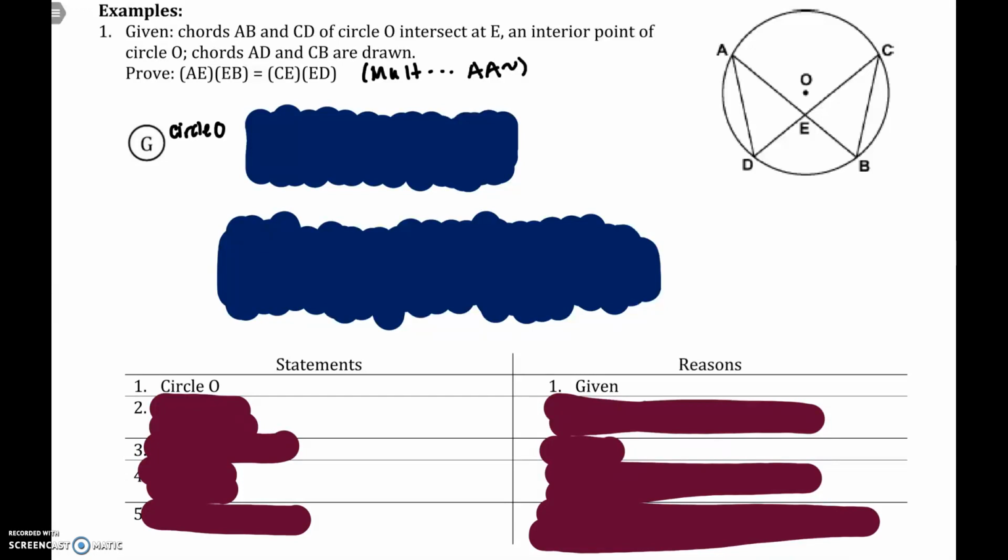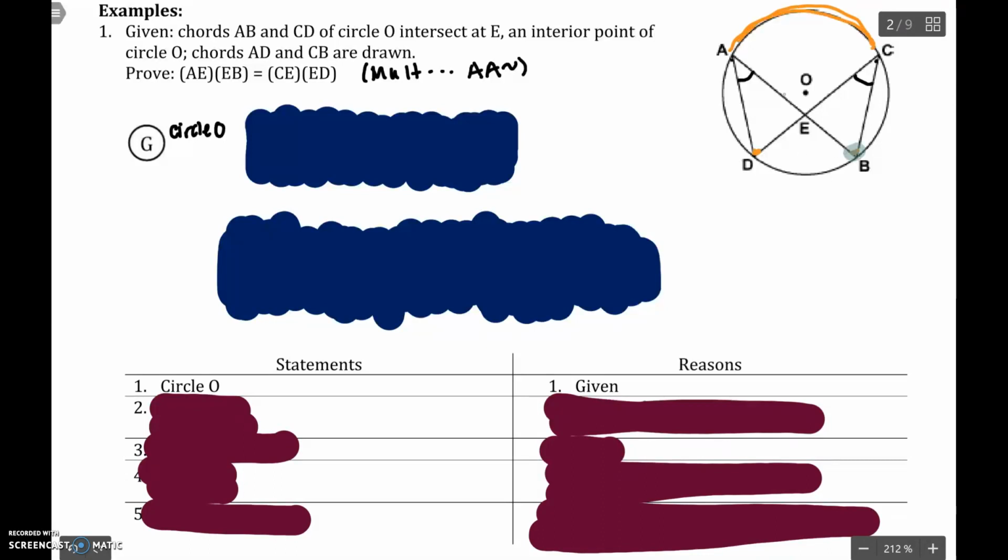So the first thing I'm noticing is that I have inscribed angles all over the place. I'm seeing that angle A is inscribed to arc DB and angle C is also inscribed to arc DB. And so if they're inscribed to the same arc, they have to be congruent to one another. I'm seeing the same thing happen with angle D being inscribed to AC and angle B also being inscribed to AC.